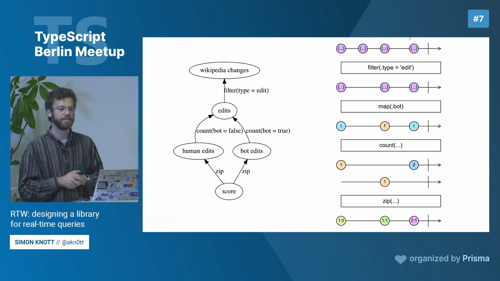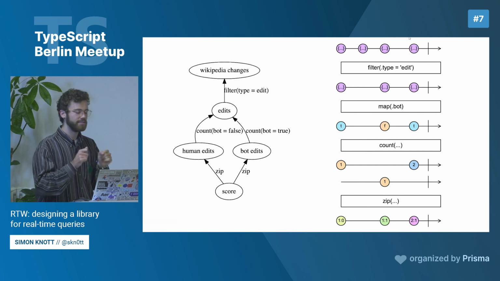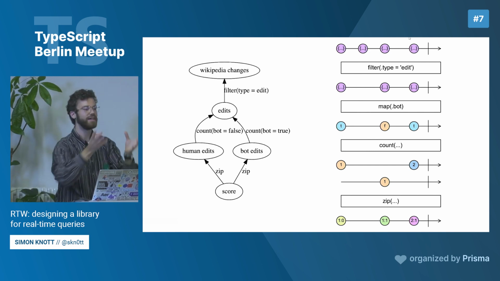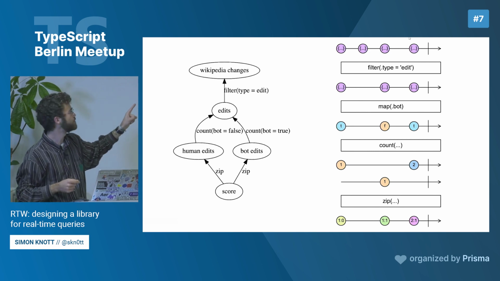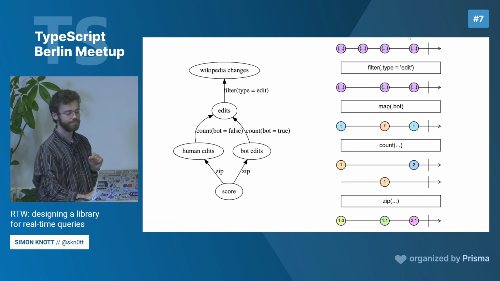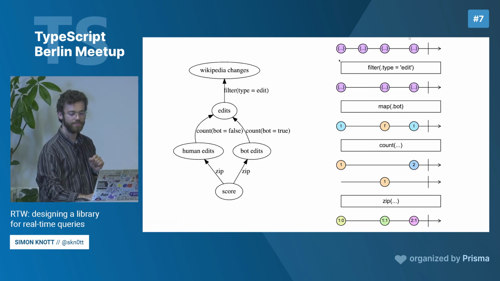Let me explain what I mean by that. The idea of a dependency graph is that you have up top the root source of all events. That is the Wikipedia changes stream. And then you have another stream that depends on the original one. So the Wikipedia changes stream is this one. And now this filter for edit stream depends on that one.